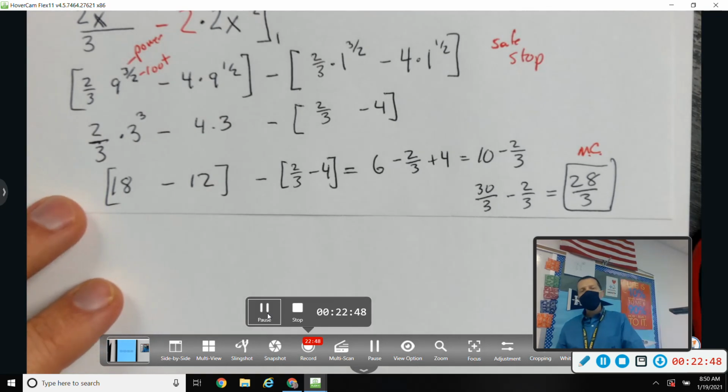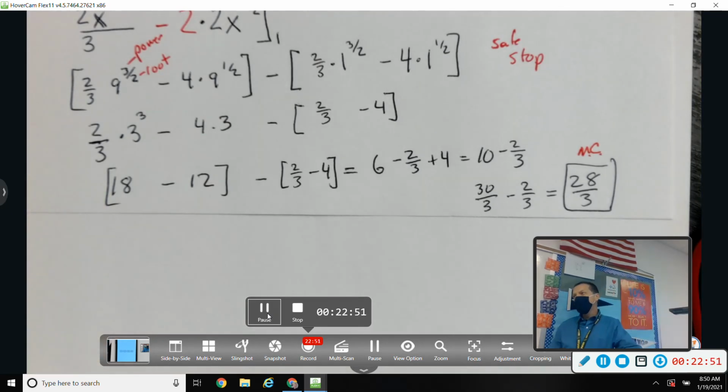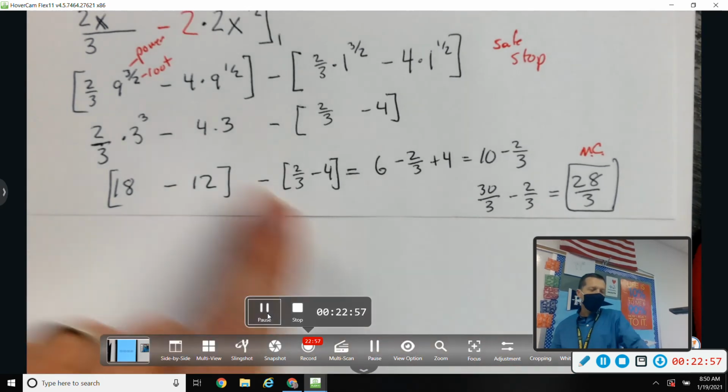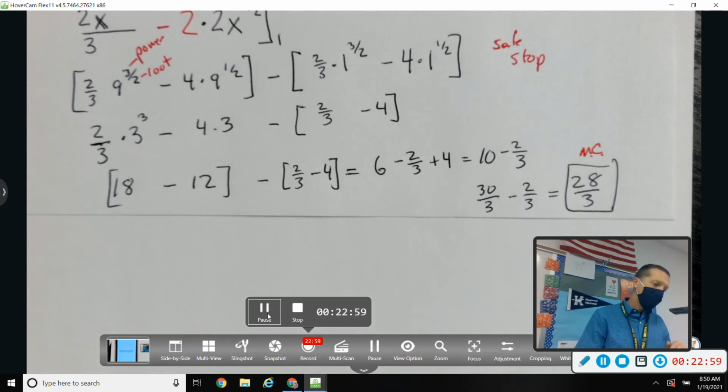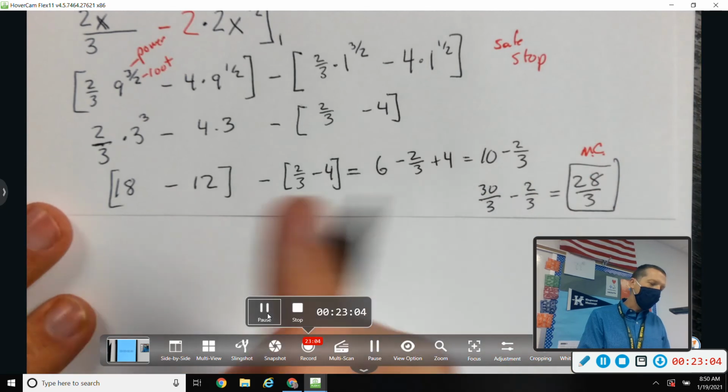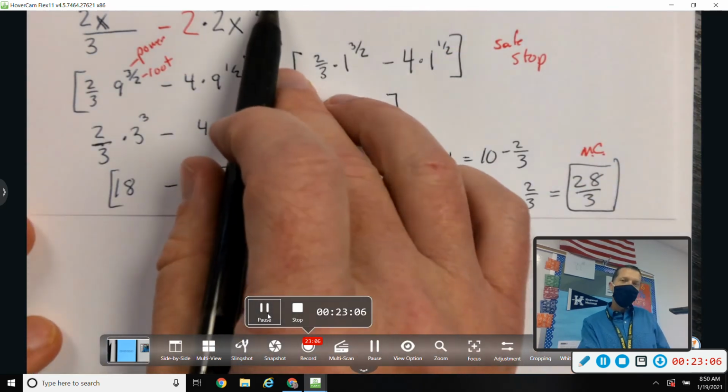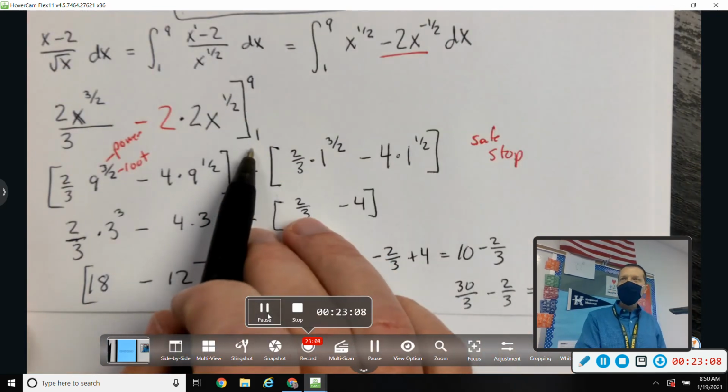So again, if it's your choice, safe stop it. Don't mess anything up. Multiple choice test is probably going to test that you can take care of all those exponents. But big picture, apart from the details of the exponents: antiderivative, evaluate at the top, minus evaluate at the bottom. Let's do one more.